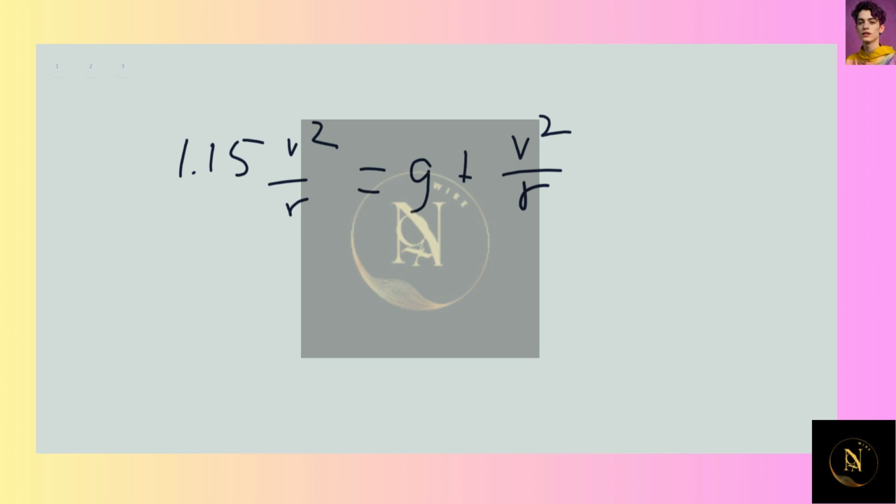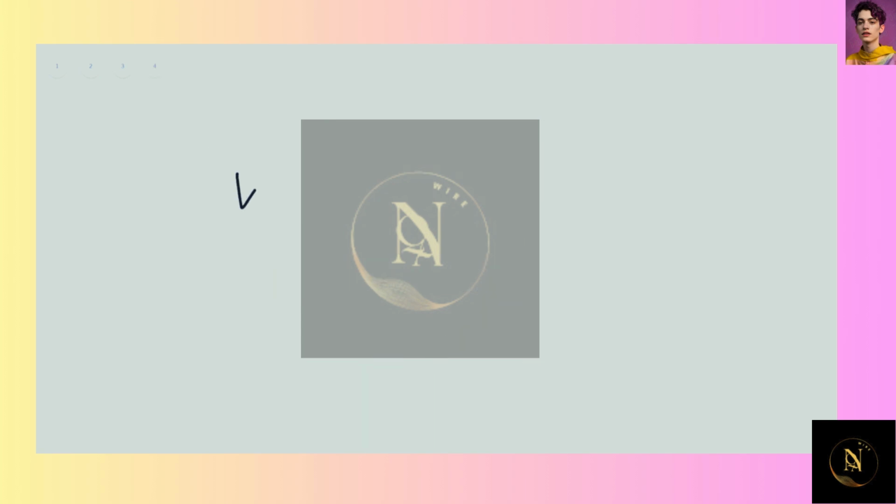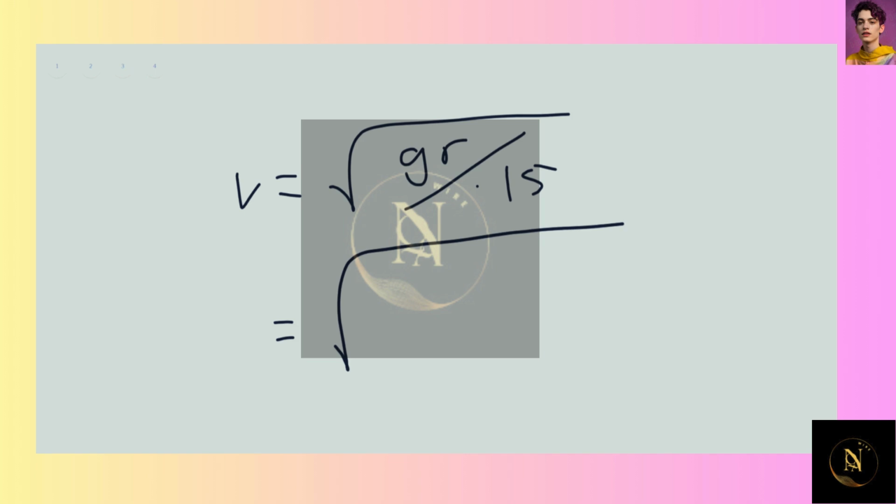And when we simplify, we find that 1.15 v squared over r minus v squared over r must be equal to g, which means that 0.15 v squared over r equals g. And now we solve. We have with our final equation for v, g times r over 0.15.